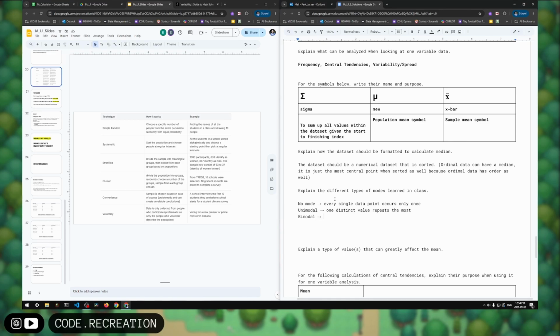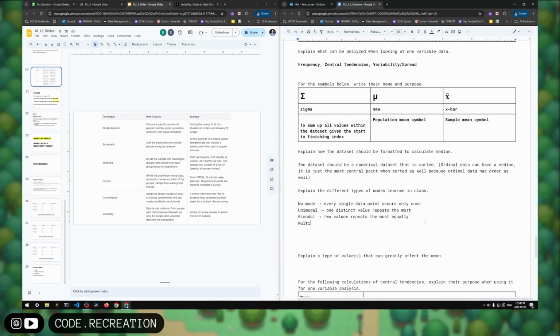Bimodal: two values repeat the most equally. And then we have multimodal, where 3 or more values repeat the most equal amount of time.